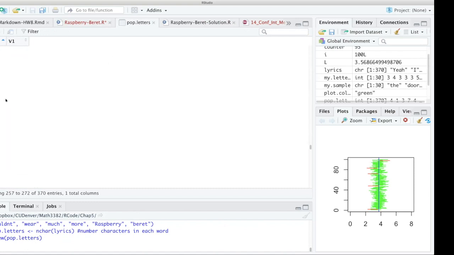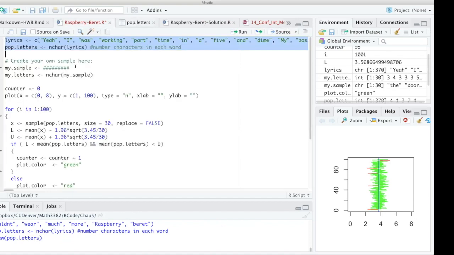And I can see here that there are 370 words in the song, apparently. That's what this is telling me. So each word here was converted to a number based on how many letters were in it. Okay, so that's what's going on in these first two lines of code.